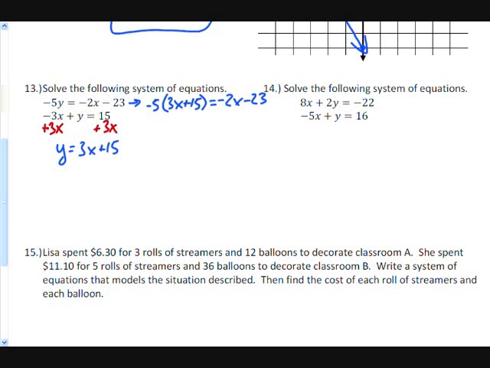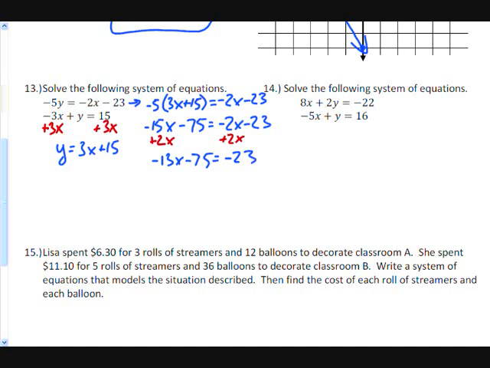And now I can solve this for x. I distribute the 5. That's going to give me -15x minus 75 equals -2x minus 23. And now I got to get the x's on the same side. I'm going to add the 2x to each side. That's going to give me -13x minus 75 equals -23.